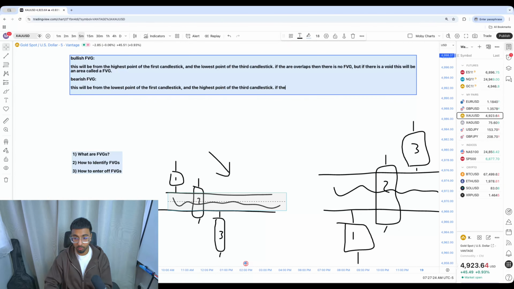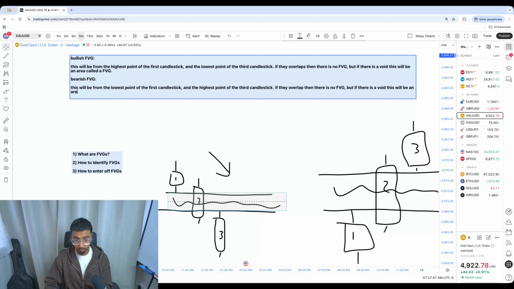If they overlap, then there is no FVG. But if there is a void, this will be an area called an FVG. Okay, does that make sense?